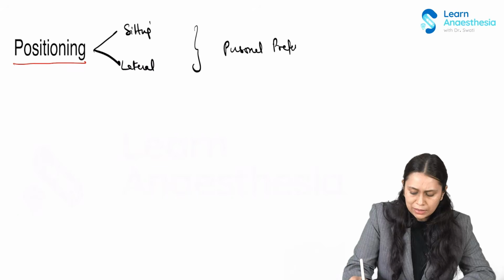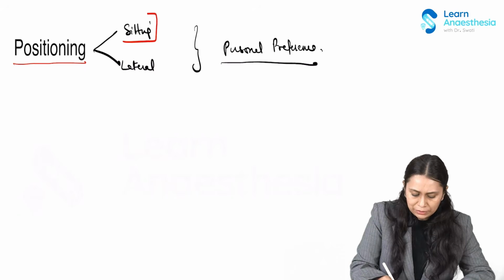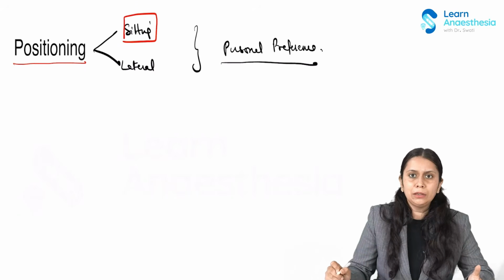But what have studies shown? In patients in whom it is difficult to identify the midline, the obese patient etc., the sitting position would help us in better identifying the midline.